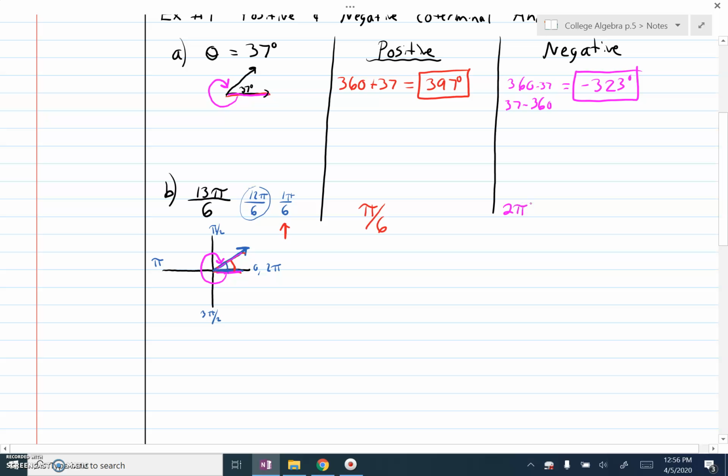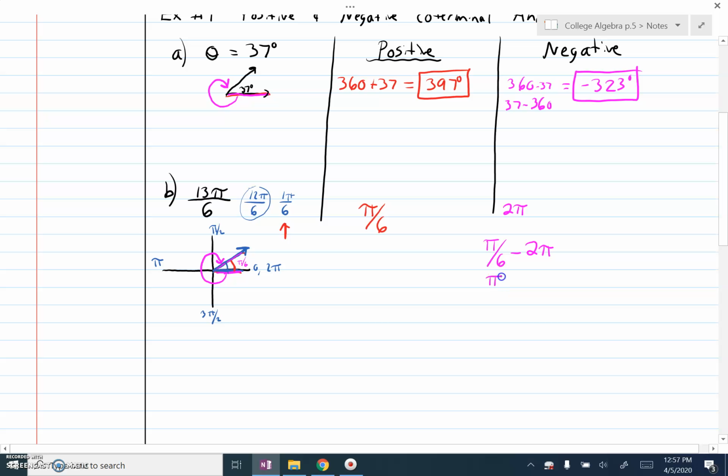But this is in terms of sixths, so we can think about it in terms of 12 sixths. So if I'm going all the way around, and what's left here, we just said this was pi over 6. So we're taking pi over 6, kind of like we did on the degrees problem, and we're subtracting the whole way around. Or you can do it the other way around and just make it a negative at the end. The only problem is these don't have a common denominator, which makes it kind of challenging to do.